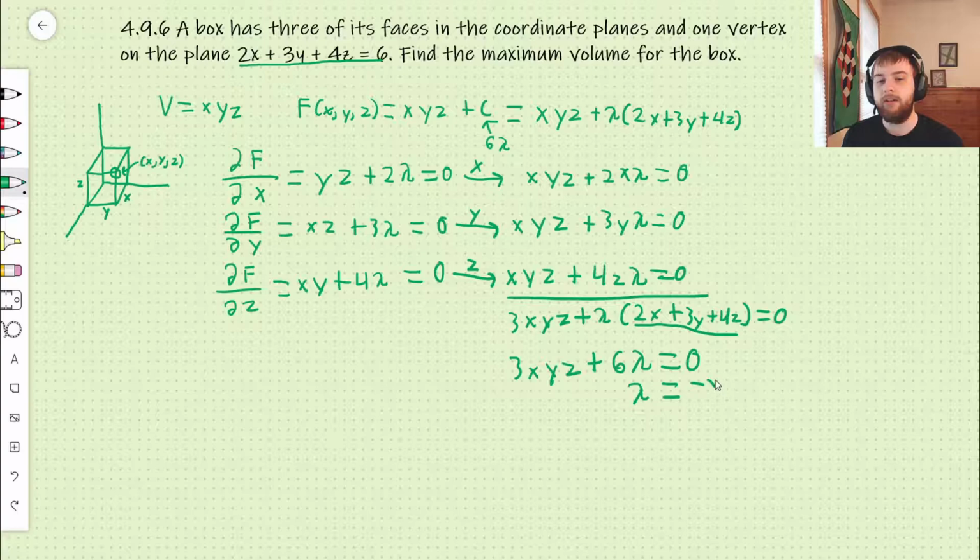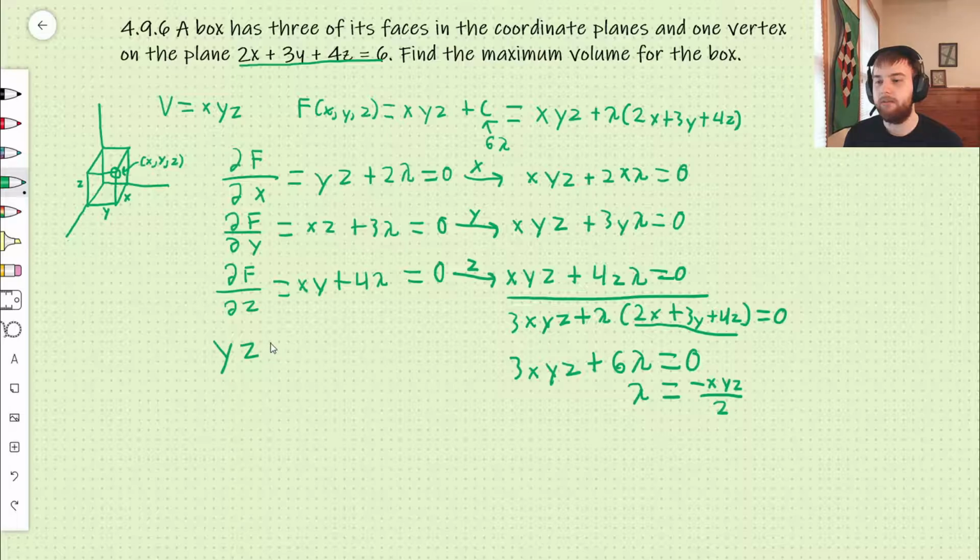So we have lambda equals xyz over 2. Now that we have this, we can substitute this value back into our equations here, and we will get some more relations that we will be able to use to find the answer.